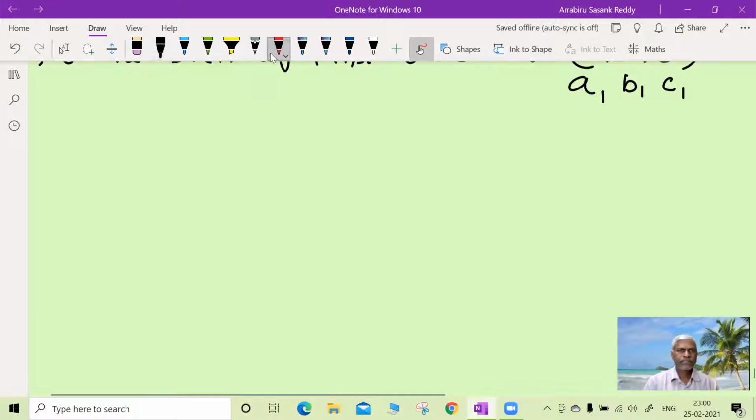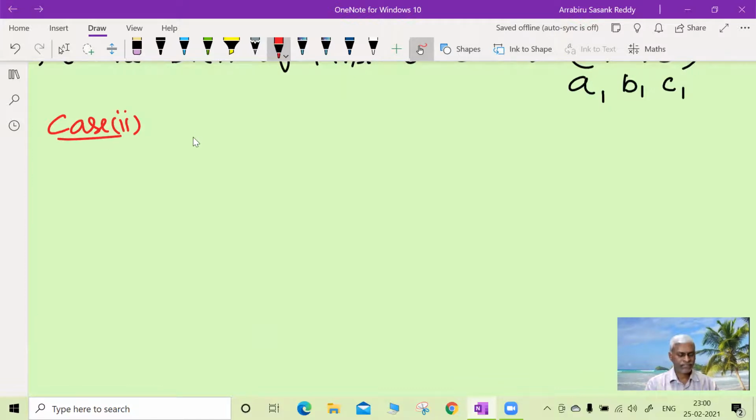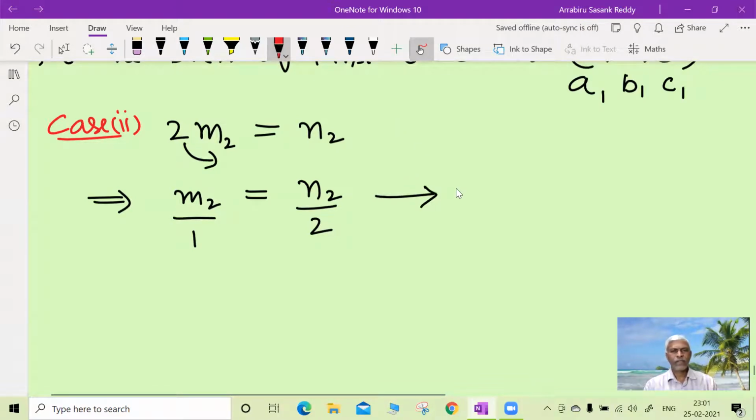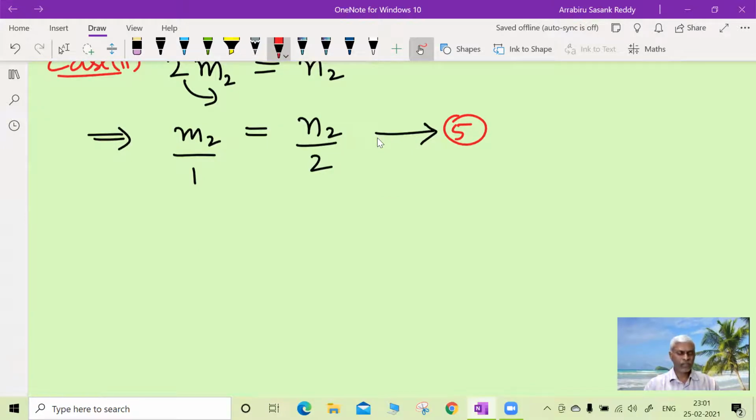Now case 2: 2m2 is equal to n2. This can be written as m2 by 1 equals n2 by 2. Let us name it equation 5.